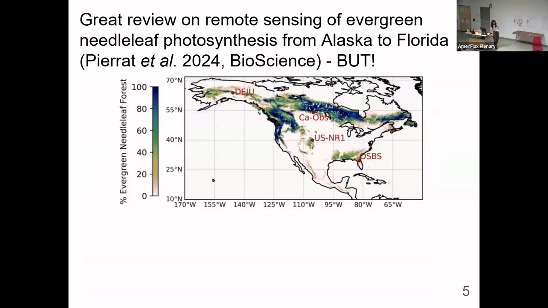These tools were nicely discussed in this recent review led by Zoe Pirat, which even featured the combination of near-surface remote sensing and eddy flux data at AmeriFlux sites across the US from Alaska to Florida.